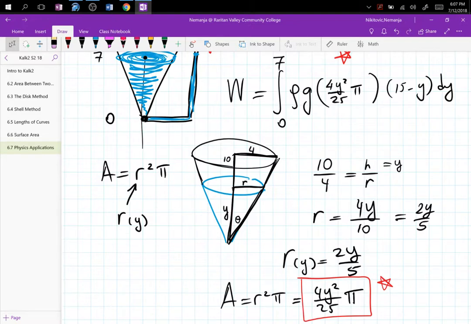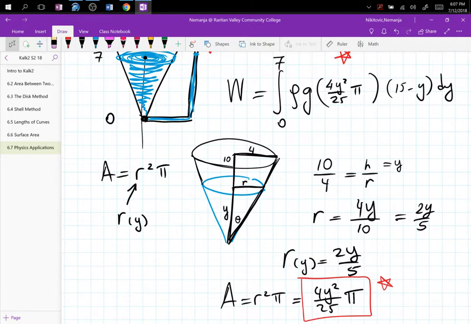I need to figure out how to write that area in terms of this changing height. So I get similar triangles going. R represents the liquid, y represents the height, and then we have 10 and a 4, which are our specs of the container.